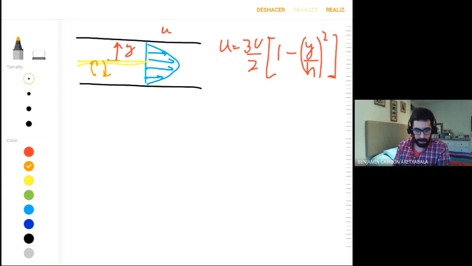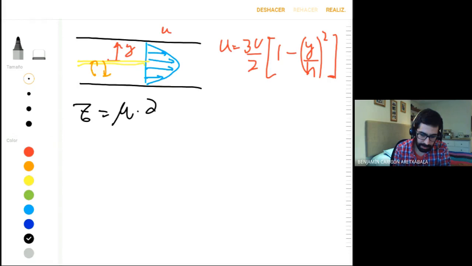So if we want to compute the distribution of shear stress, we know this is water, so the shear stress tau is going to be equal to mu times du over dy.